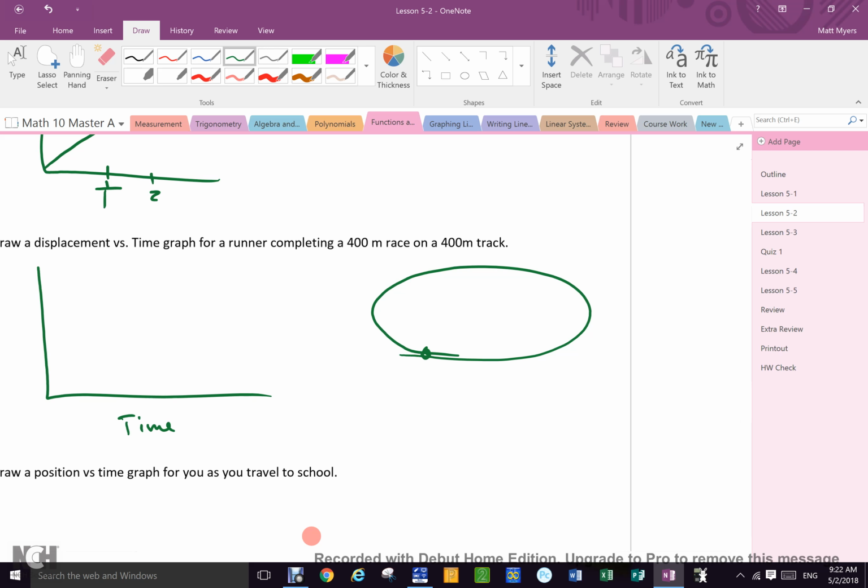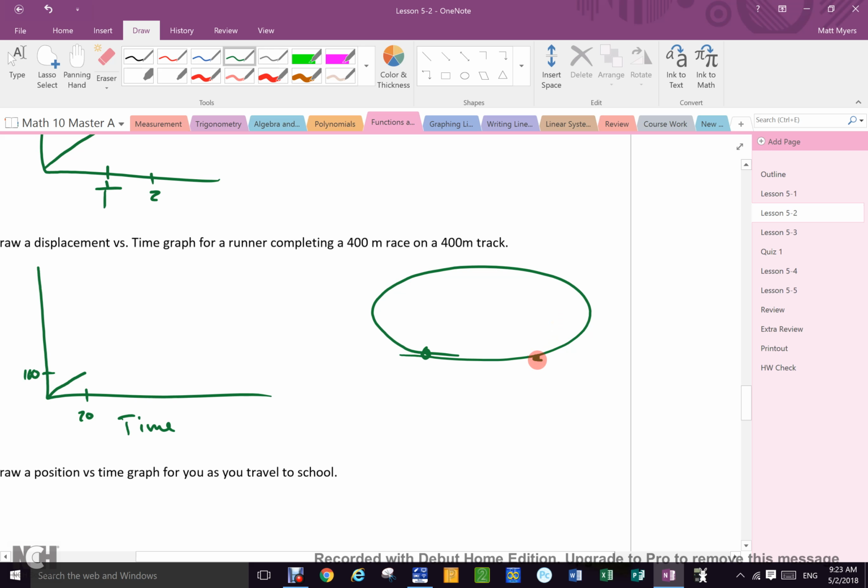If you're sprinting 100, you're doing a full 400. So can we say 20? All right. So 20 seconds, 100 meters, and Aiden's right, there should be a curve. Now, what happens here? I'm turning.